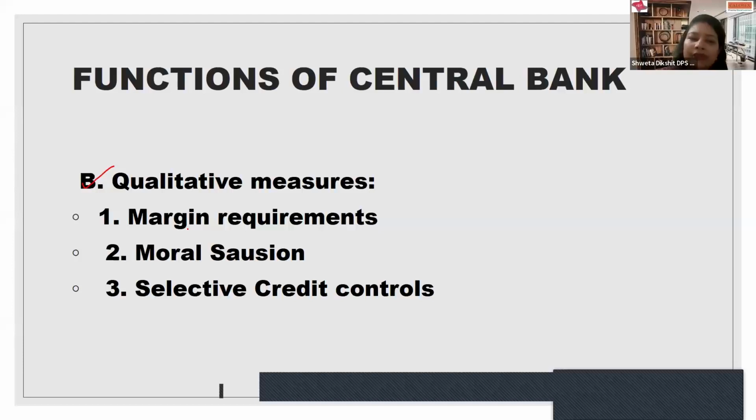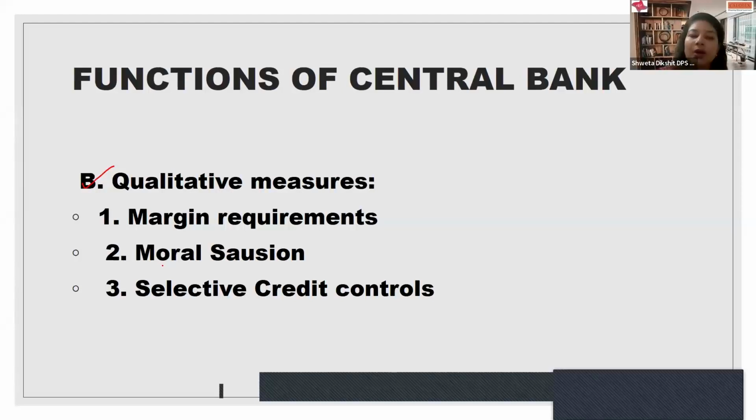So that person can only avail a loan of 60 lakhs. But if the RBI has reduced it to only 10%, that person can happily avail a loan of 90 lakhs. So this is what is known as margin requirement. By shrinking or expanding it, the RBI helps in controlling inflation and deflation.